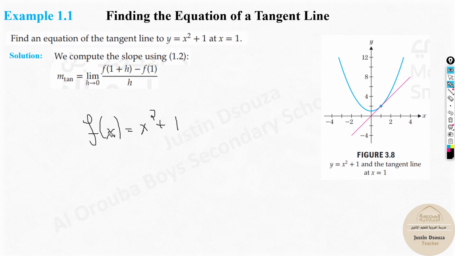Now instead of x in this function, we have to put 1 plus h. f of 1 plus h equals. Now, why are we taking 1, if you're thinking? Because x is given as 1.